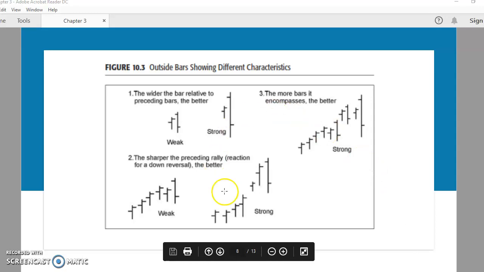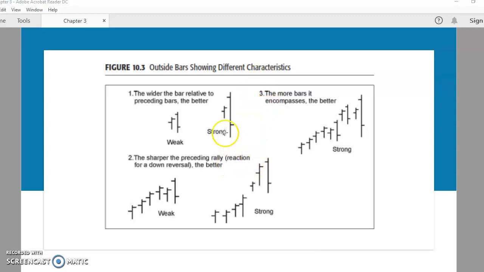Okay, so this is figure 10.3, showing different characteristics of an outside bar as mentioned just now. This is the first one: the wider the bar relative to the preceding bar, the better. It means that if you see that the change of daily price is bigger compared to the previous one, and the difference between open and high, open and close is wider, it's a strong signal compared to this one.